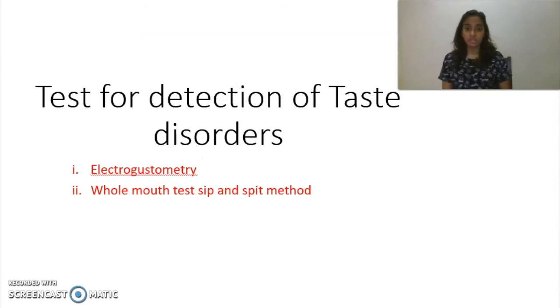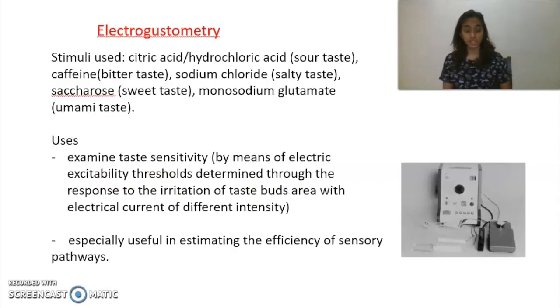Okay. Now, to test for taste disorders, we use electrogustometry to examine taste sensitivity. We use electric current to create a response to the irritation of the taste buds.